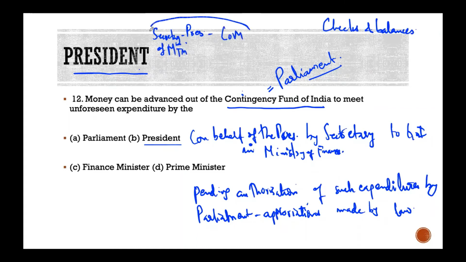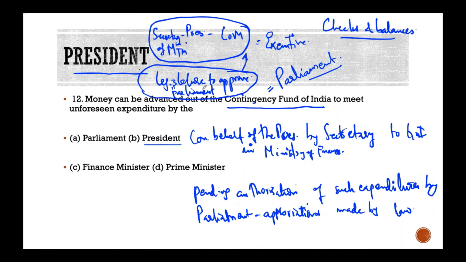Now, is this your executive, your legislature, or your judiciary? Executive, doing one of their actions, has to be held to account. And who holds them accountable? It is your legislature, the parliament. Is this concept clear, or do you want me to explain this once again? Clear, sir. Okay, great.